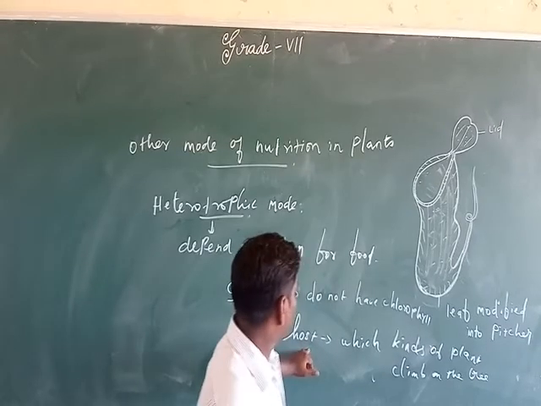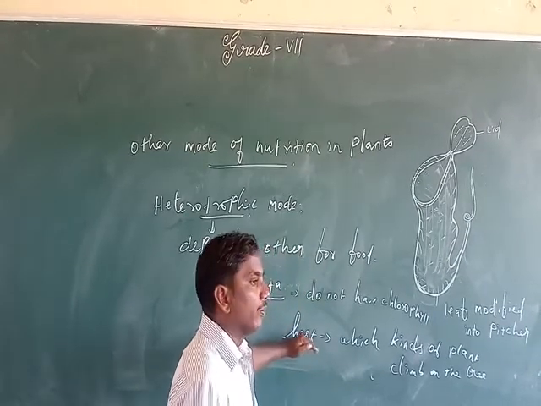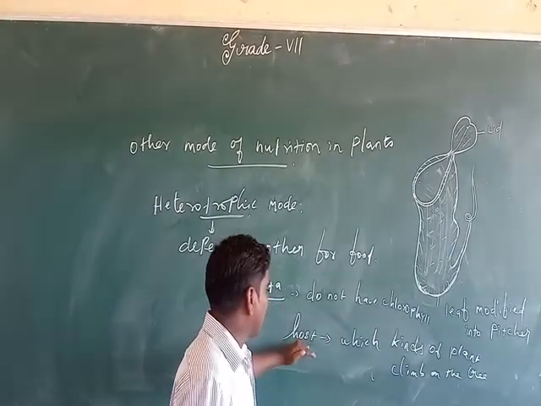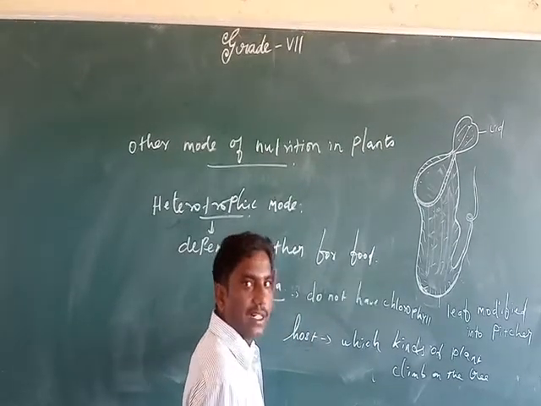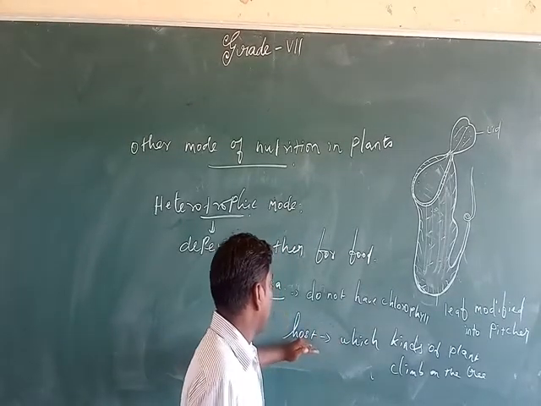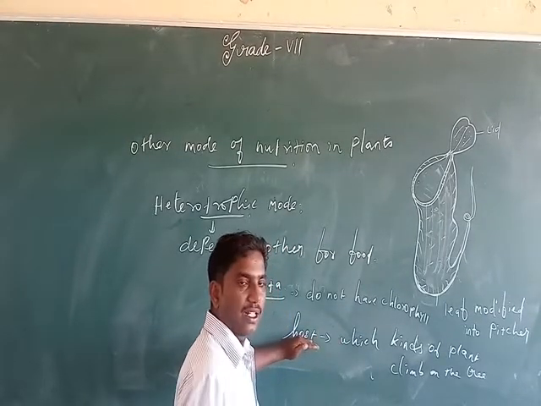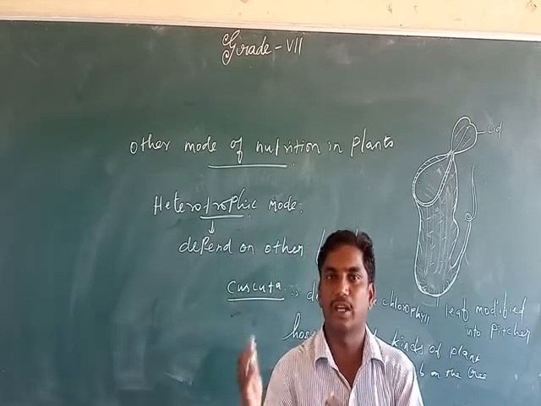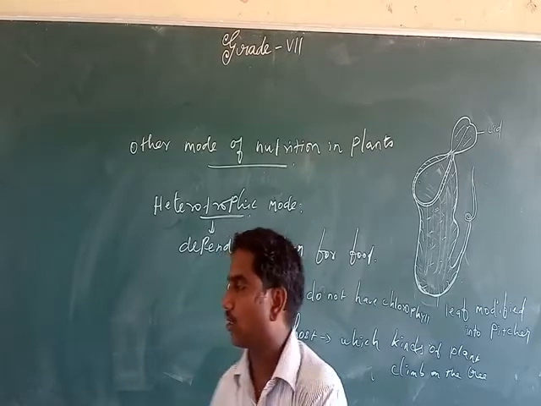Okay, that is called what? Host. Because the Cuscuta cannot prepare its own food, it gets the food from other plants. That is called the host. The host means nothing but the plant that is climbed on.